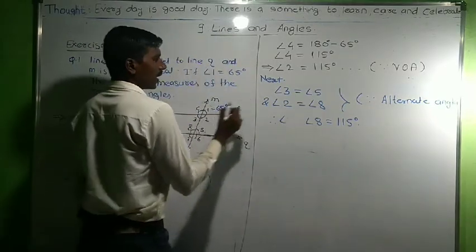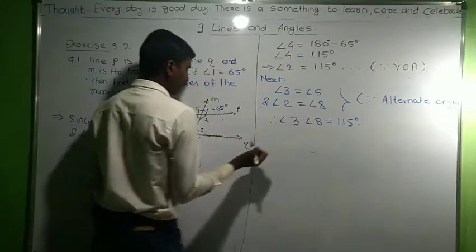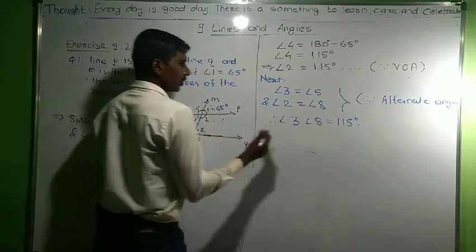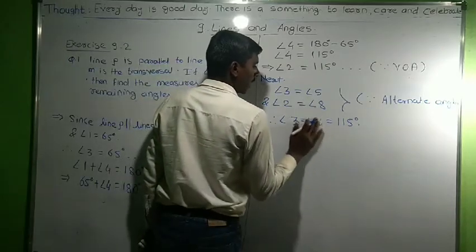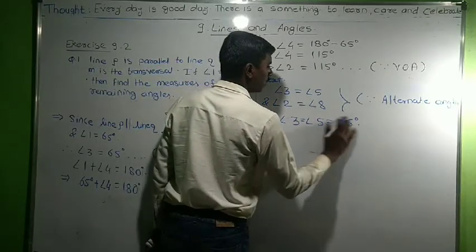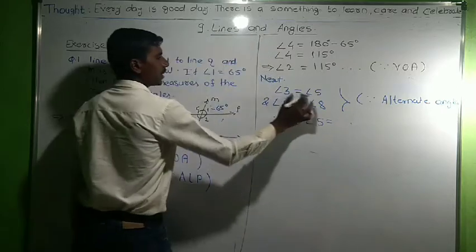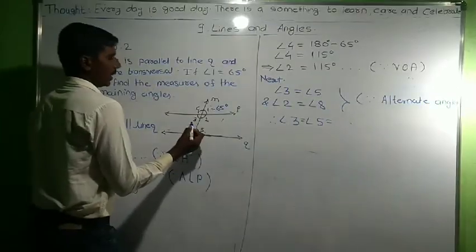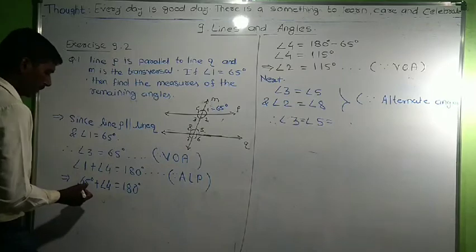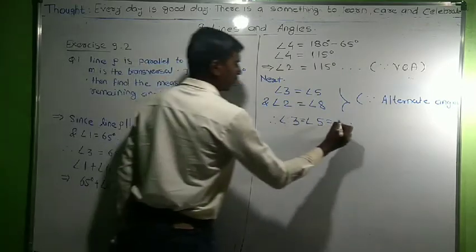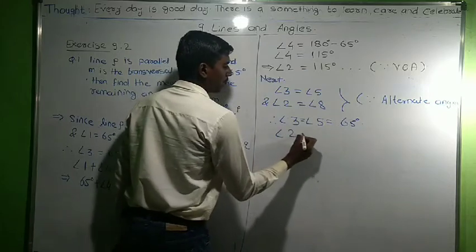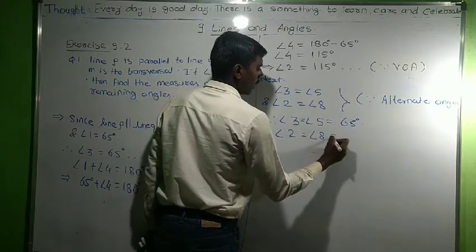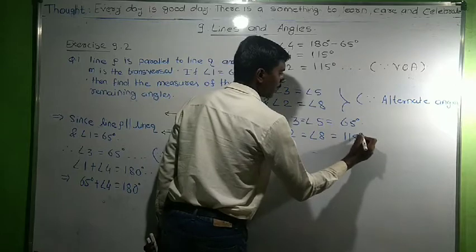So angle 3 is equal to angle 5, and the measure of angle 3 is 65 degrees, and angle 2 is equal to angle 8, which is 115 degrees.